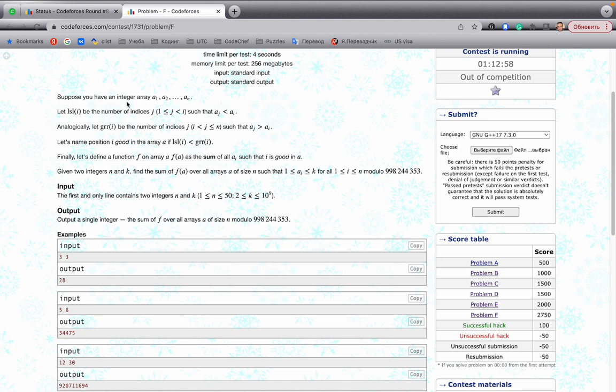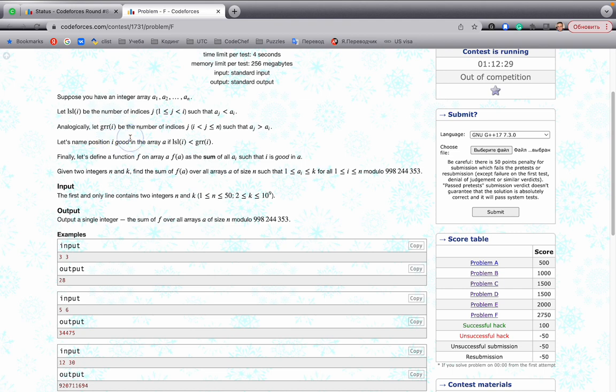Okay, so if we are looking at some integer array, we want to define a function of this array that, for each index, we calculate the number of elements to the left that are strictly smaller and that are strictly bigger.